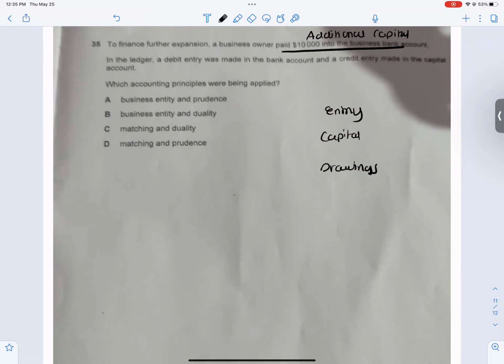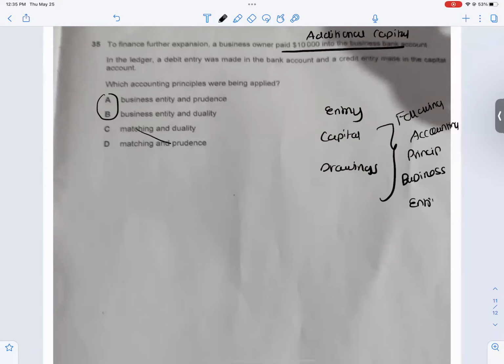So whenever you're passing these entries, you're basically following the accounting principle of business entity. It's not prudence.